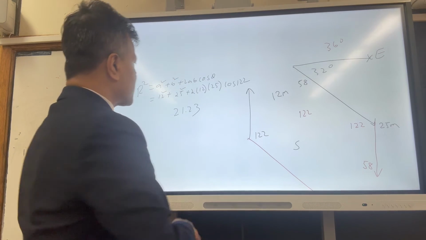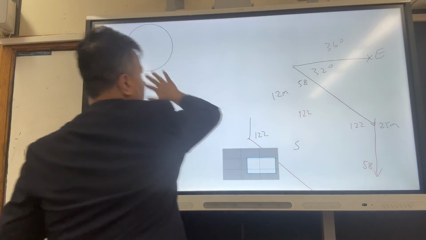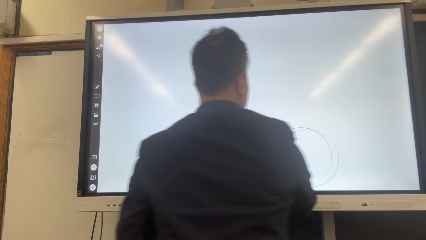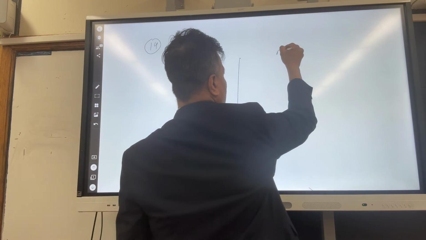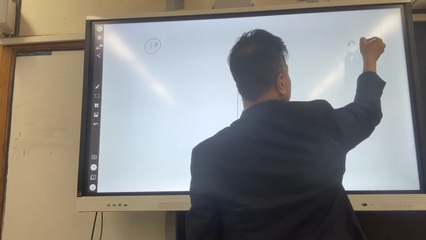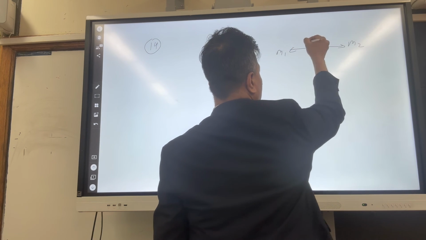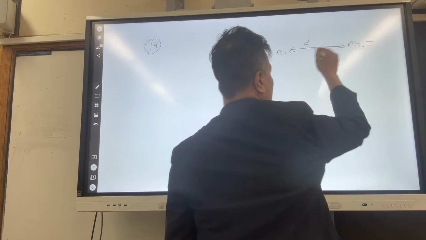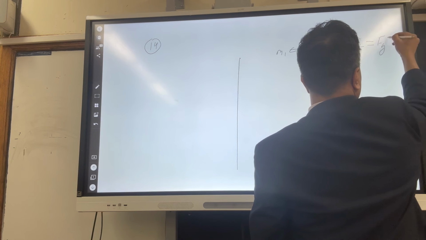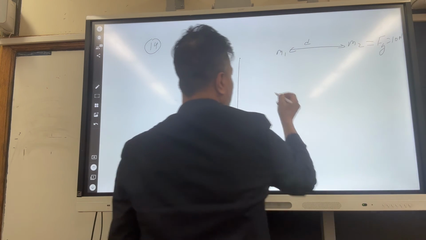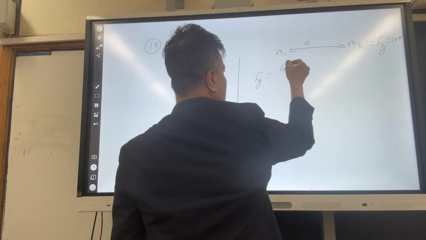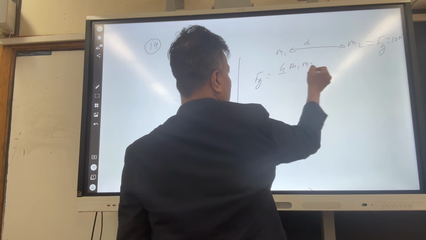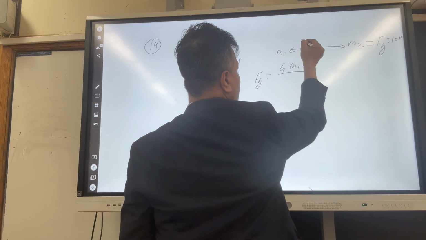Problem 14, you're just going to double it. Problem 14, you can do it two ways. Mass 1, mass 2, distance is d, and Fg is calculated. It is 10 Newton. So you can write Fg is G m1 m2 over r squared, as 1d, right?